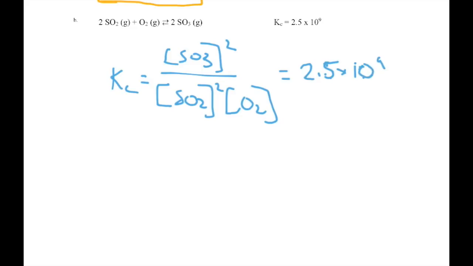So it's very large. So in order to get a large fraction, we're going to need a very large numerator and a very small denominator. Thus, we will have more product and small amounts of reactants.